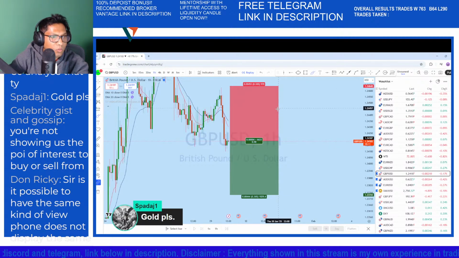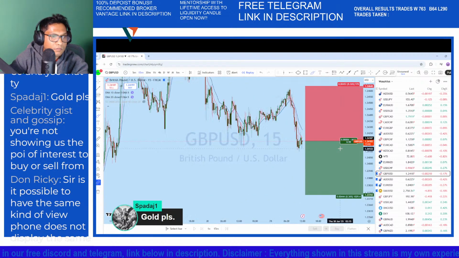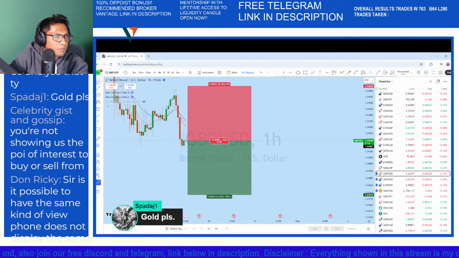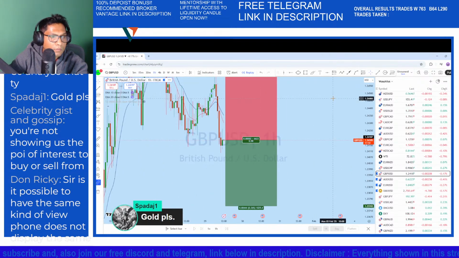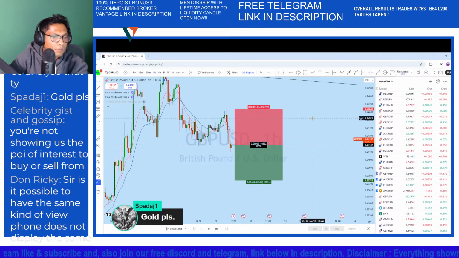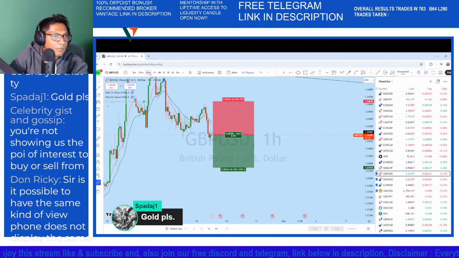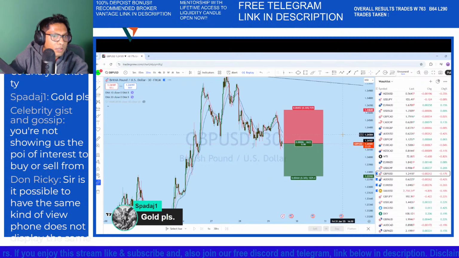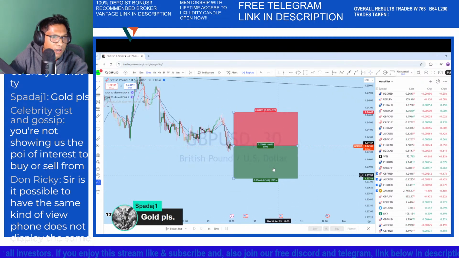So looking at 1 hour chart, 4 hour chart, 15 minutes perspective, so still not entering, but I think that we might see potentially a bearish move.